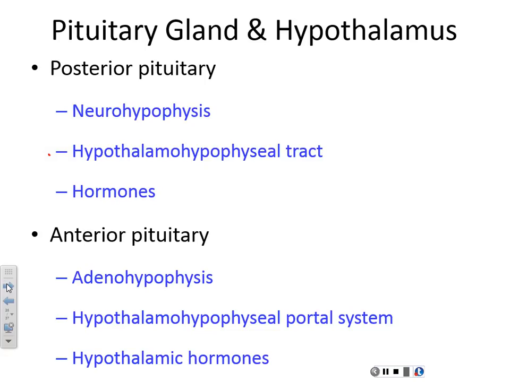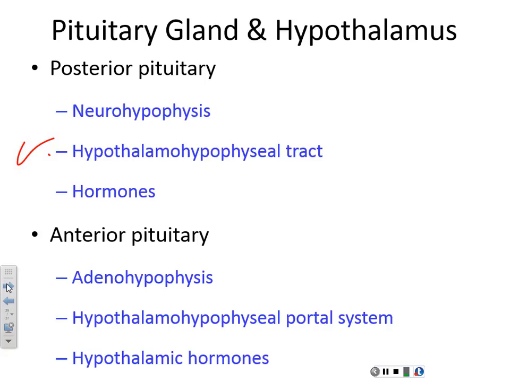Remember, axons in the central nervous system are called tracts. Axons in the periphery are called nerves, right? And so those tracts, that's why it's called the hypothalamo-hypophyseal tract, from the hypothalamus to the hypophysis, which is the pituitary gland.